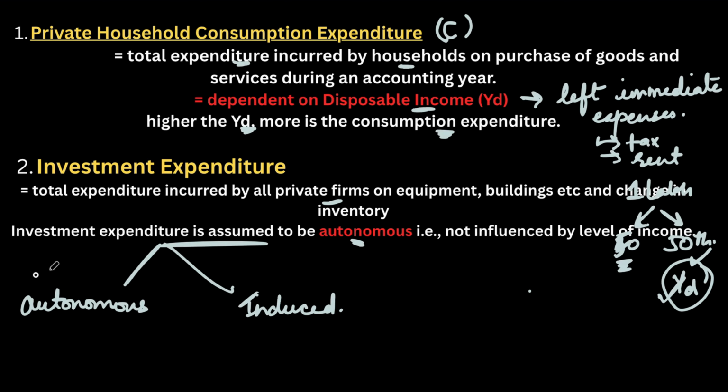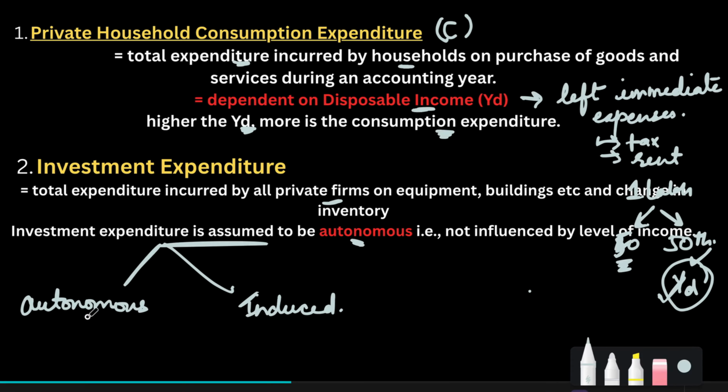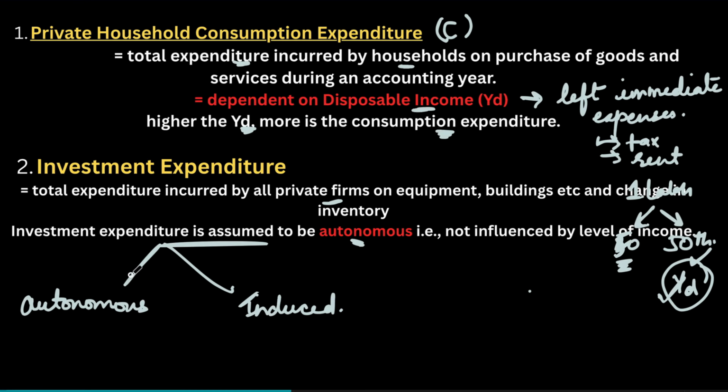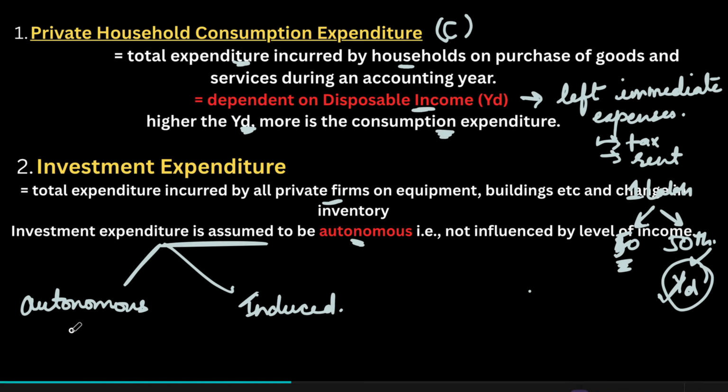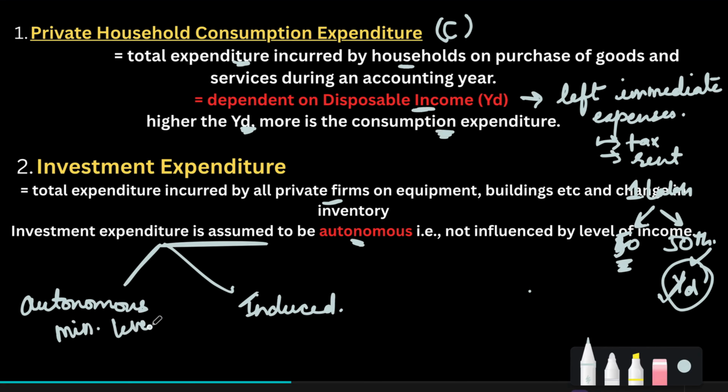Autonomous investment refers to that part of investment which is very much important for an economy, and it is not dependent on how much the economy earns. This is the minimum level of investment that a country will have to incur, even if the country earns nothing.